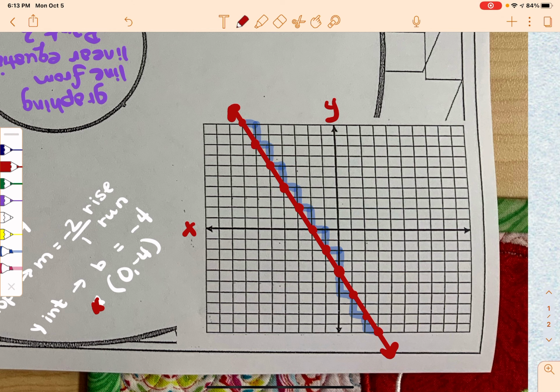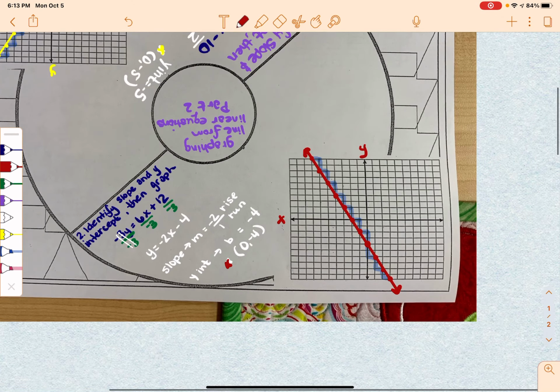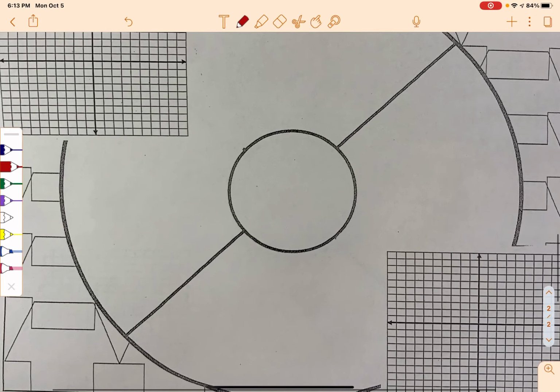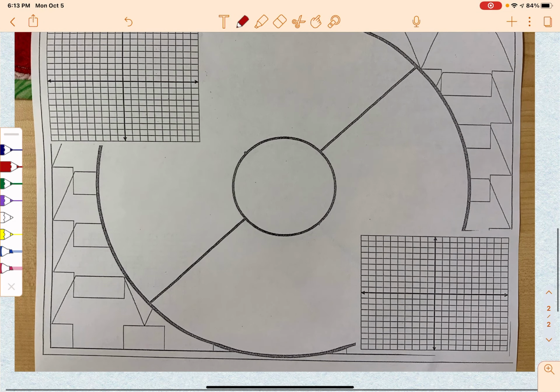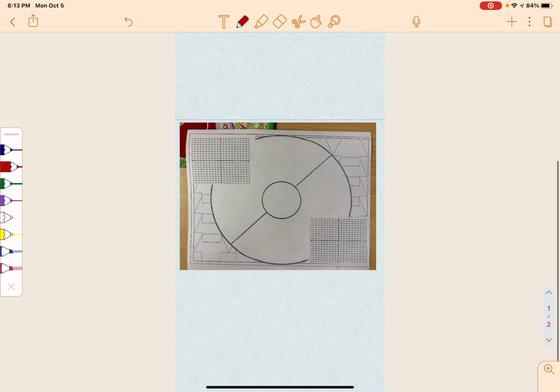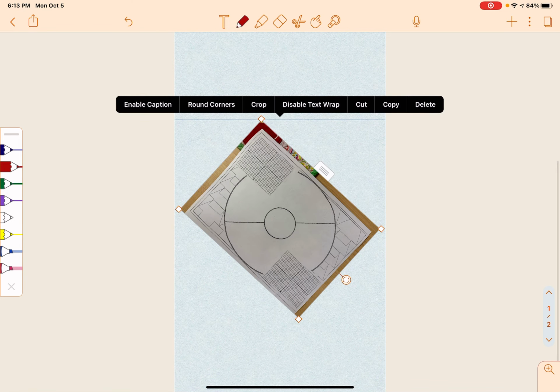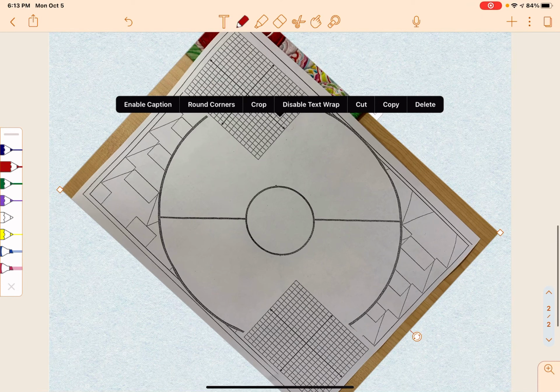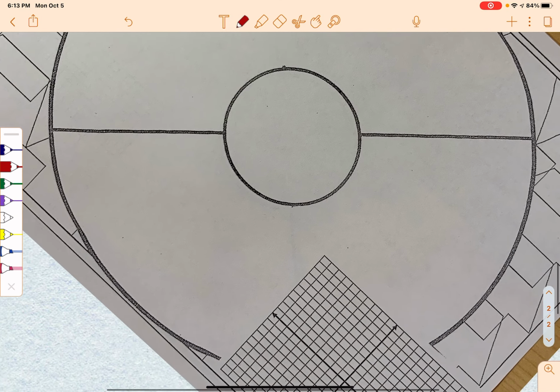Okay, I'm going to do one more here on the back, and then we're going to move on. So same kind of thing we did before. Zoom out a little bit. Take it and turn a little bit just so I can write on it, and then I'll turn it back to graph.